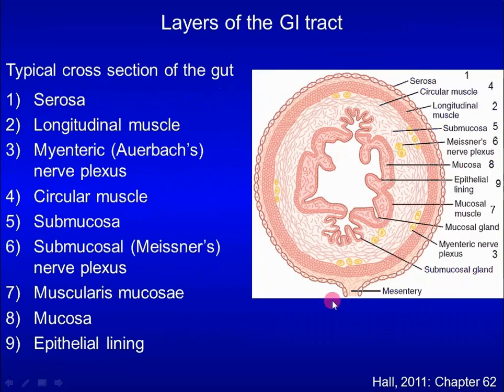This picture shows a typical cross-section of the intestinal wall, including the following layers from the outside surface inward. The first is serosa, followed by longitudinal smooth muscle layer, and then circular smooth muscle layer.